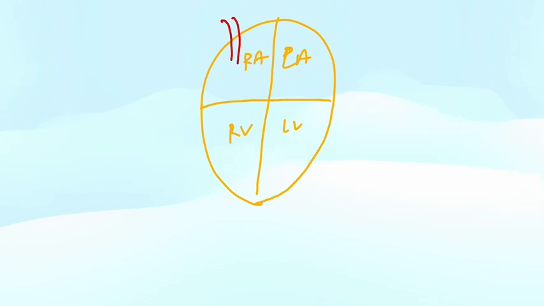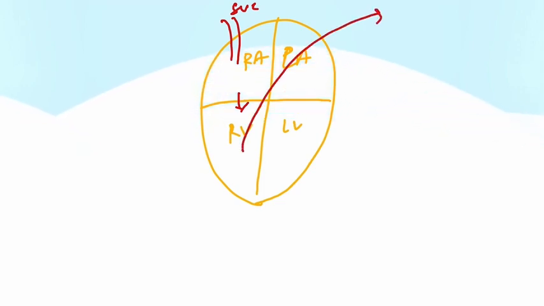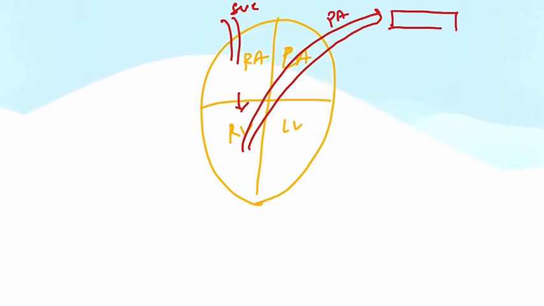Here is SVC, and blood goes from right atrium to right ventricle and from right ventricle via pulmonary artery to the pulmonary circulation.